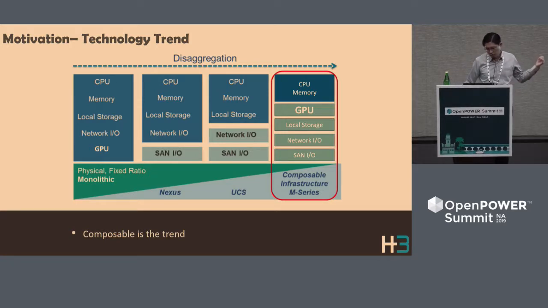This is from Cisco. They're talking about the whole change starting from very integrated machines until composable. So this is a technology trend: everybody wants to disaggregate things because in the future it's data-centric computing, not system-centric or CPU-centric computing.